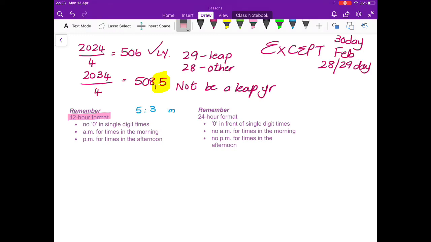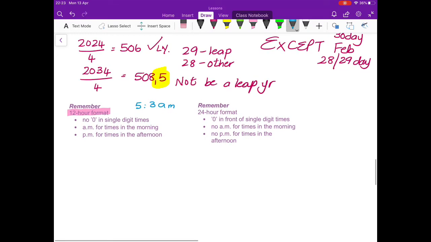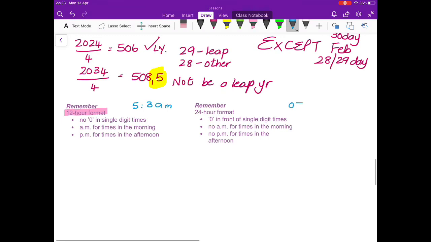We have to have the AM or PM to show you whether it's morning or afternoon. The 24-hour format, however, if we had 5 in the morning, you would have 0500 or 0530. So they're always 4 digits in 24-hour format, and there is no AM or PM.